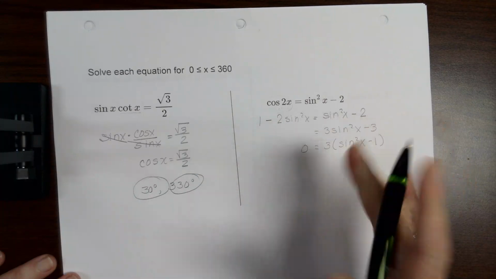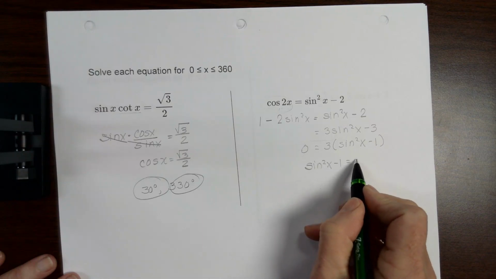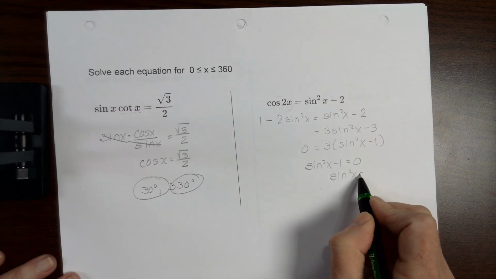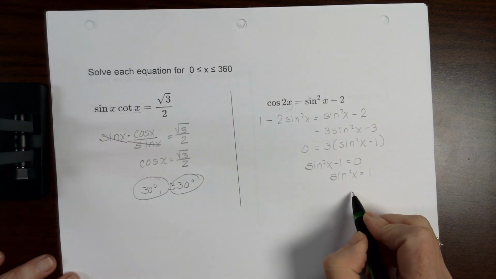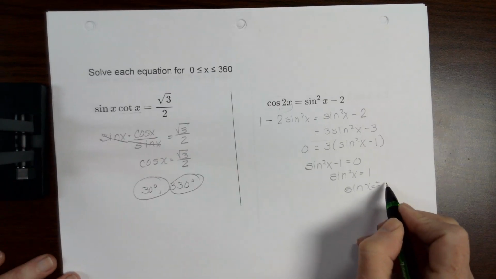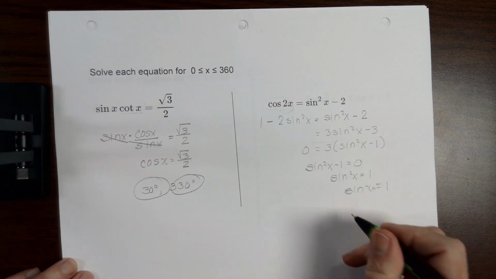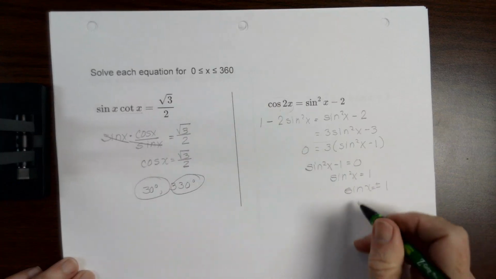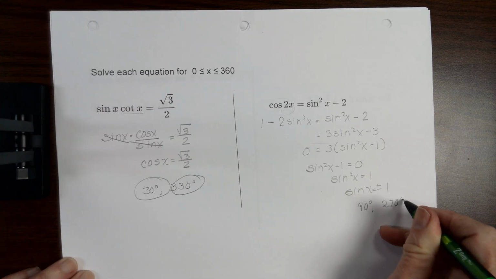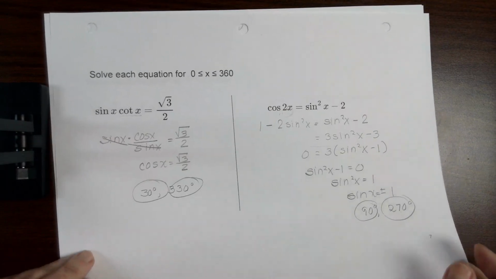Setting the 3 equal to 0 does nothing, so I'm going to set sine squared x minus 1 equals 0, and I'm going to get sine squared x equals 1. The square root is going to give me plus or minus 1, because the square root of 1 is positive or negative 1. So again, I'm talking about one time around the circle, so I'm talking 90 degrees and I'm talking 270 degrees. Those are the two locations where the sine is either positive 1 or negative 1.